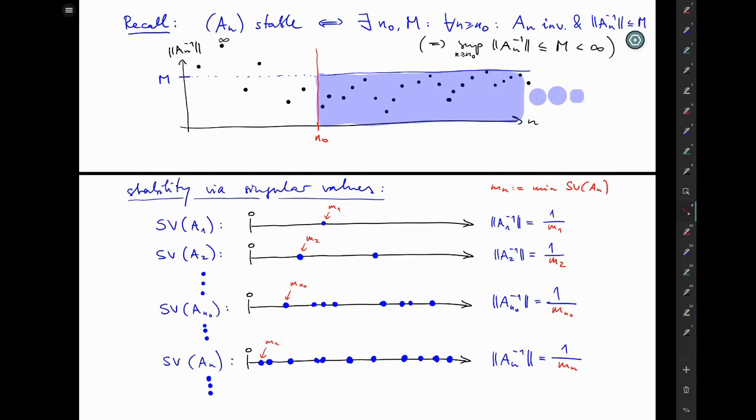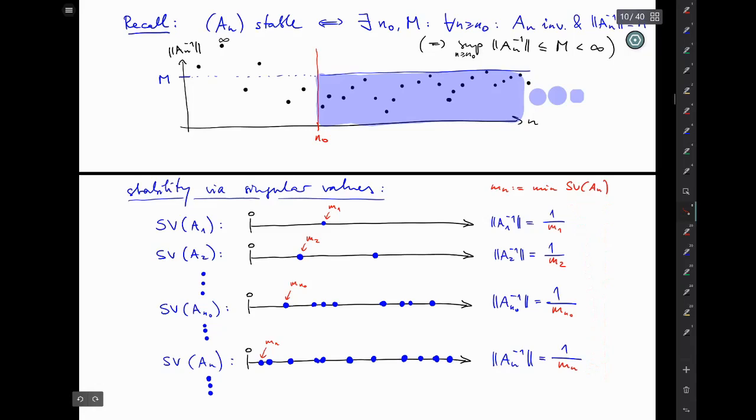So now for stability, we need a global upper bound on all these inverses here. And that means these numbers here need to be separated from infinity through a global upper bound. So one that works for all of them.